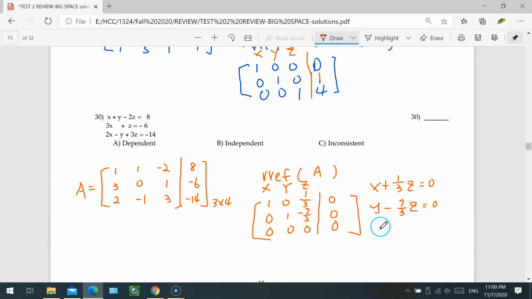The last row is 0 equals 0. So this is true. That means Z is equal to Z, because I give the variable of the third column as Z. So now Z is equal to Z. X relies on Z, Y relies on Z. So they are dependent.